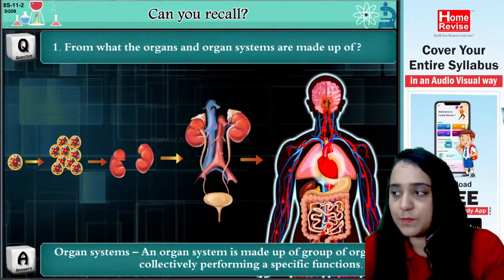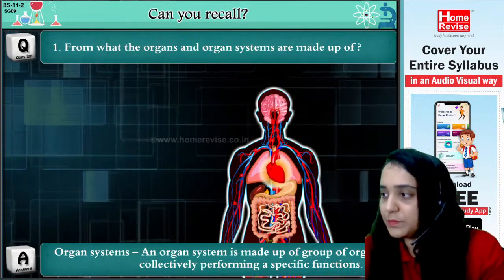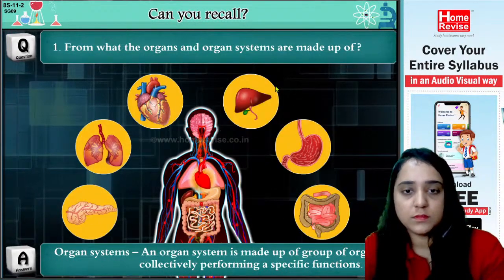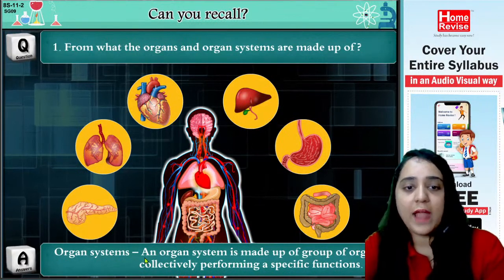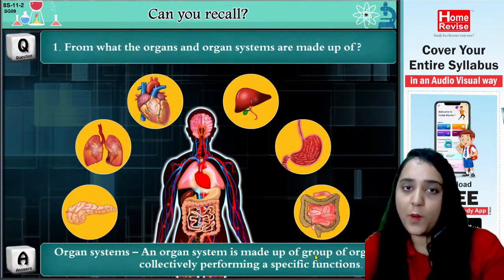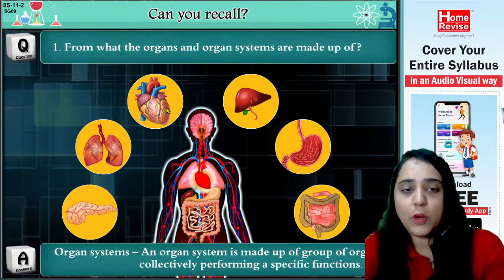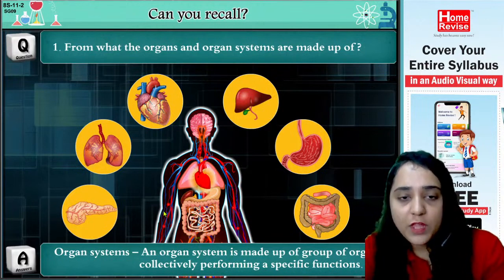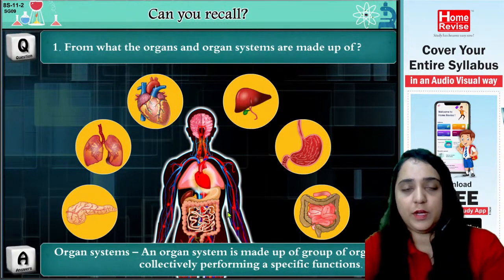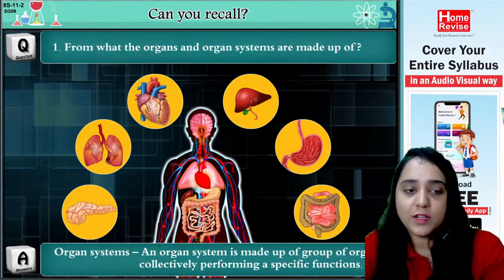Please pay attention. An organ system is made up of a group of organs collectively performing a specific function. Can you see here different organs? All the organs are grouped up, so the group of the organs collectively performs a specific function.